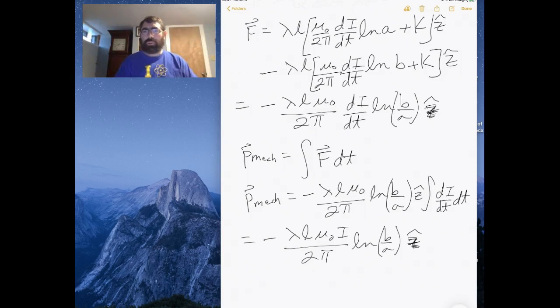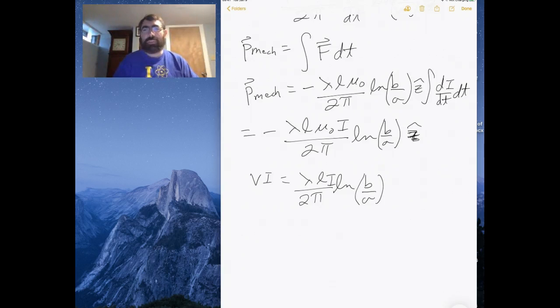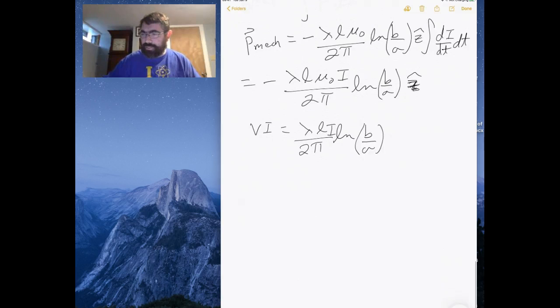And so if we remember, once we got to this point, that VI was equal to lambda L over 2 pi natural log times I. There we go. So that the power is equal to that. So if I plug this in, I get P mechanical is minus VI, oops, sorry.